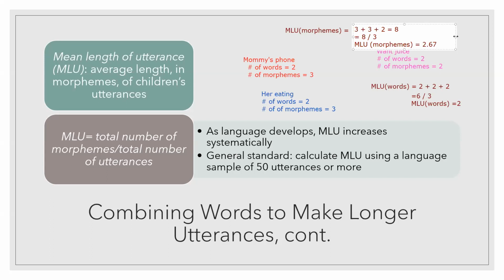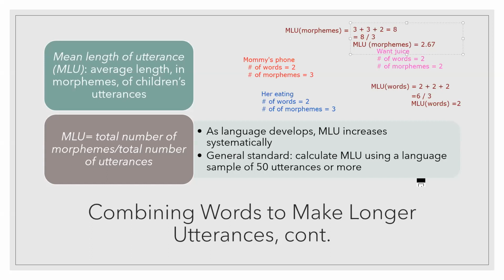So you can see that over the course of a lot of utterances, the difference between doing MLU in words versus MLU in morphemes can make a big difference. Generally speaking, you want 50 utterances or more.